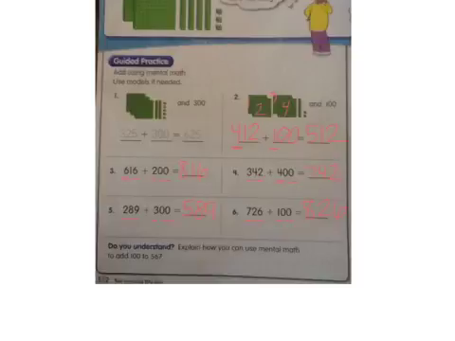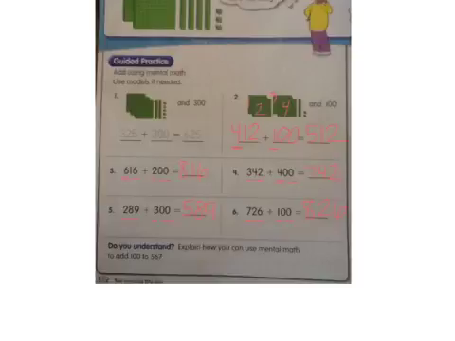So if you think about it, what we just did up above in guided practice, we added the hundreds digit in the first number to the hundreds digit in the next number, and that gave us our answer.